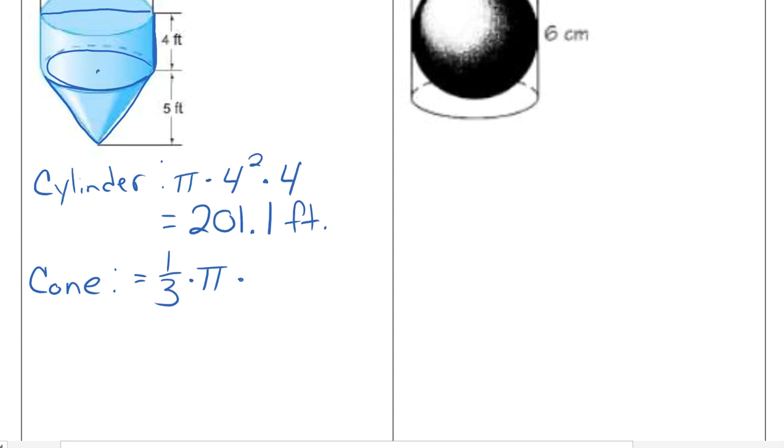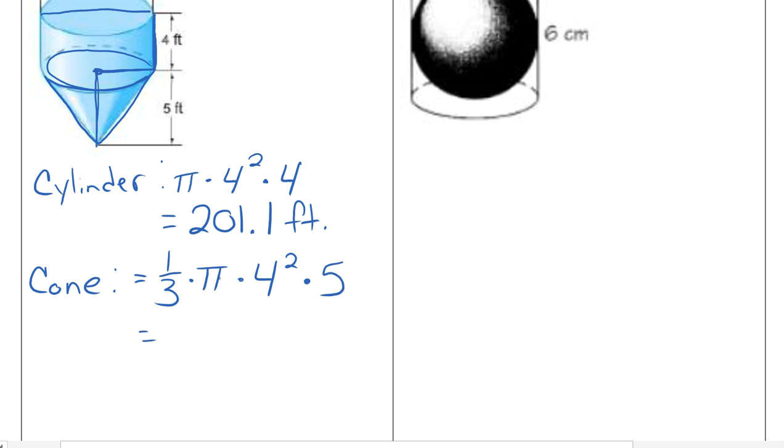Now the radius is going to be the exact same as the cylinder because the base of the cylinder is also the base of the cone. So I know that 4 squared is going to be my radius. And now the height of the cone is actually going to be 5.